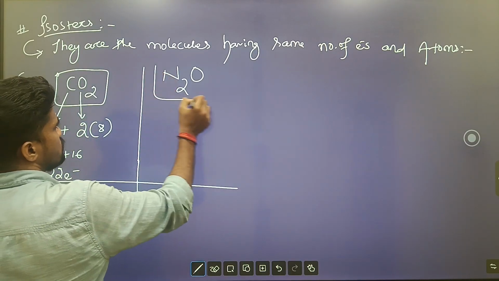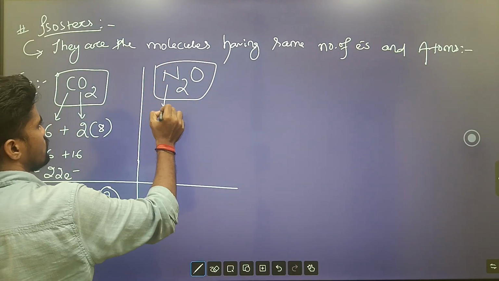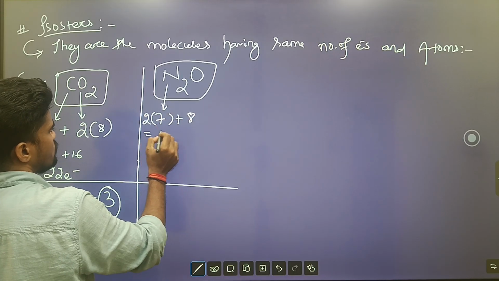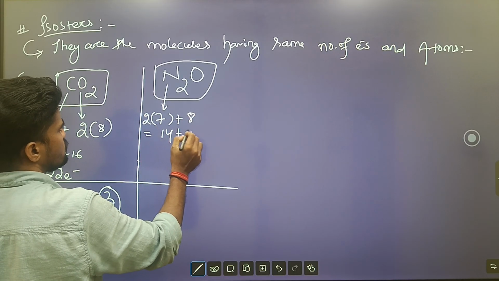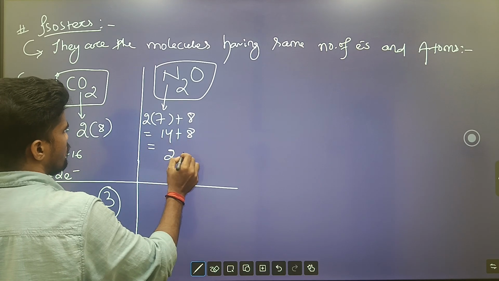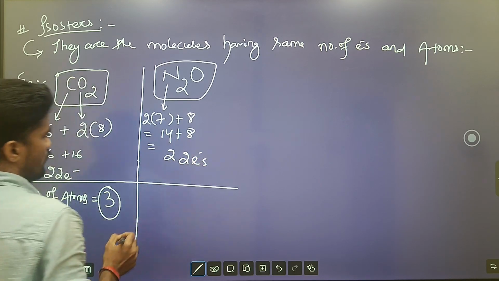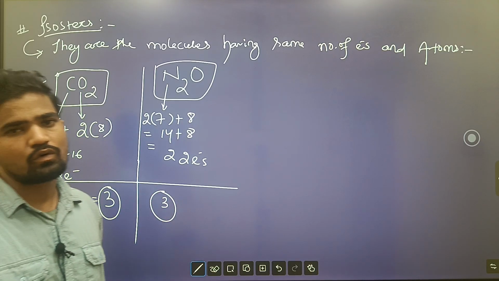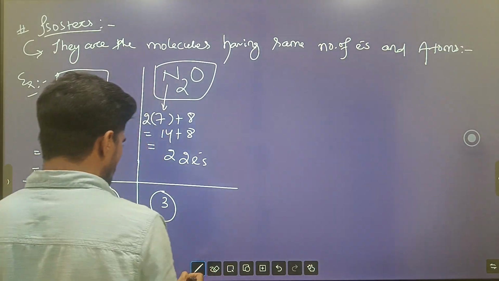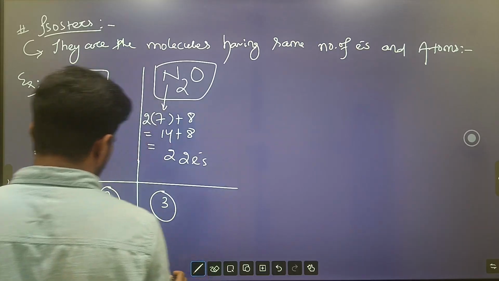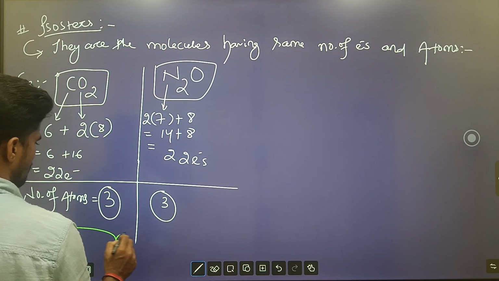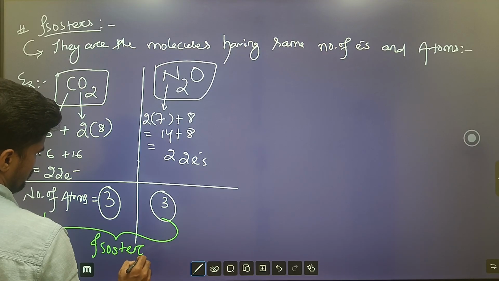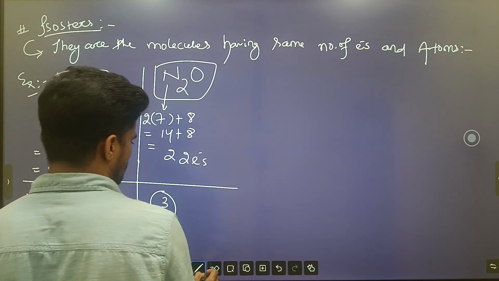In this case nitrogen has 7, that means 2 times 7 is 14 plus 8, so this is also equal to 22 electrons, and number of atoms also 3. Okay, 2 nitrogen atoms, 1 oxygen atom, so the two molecules are called isostars with each other.